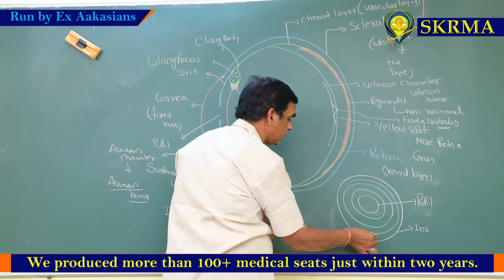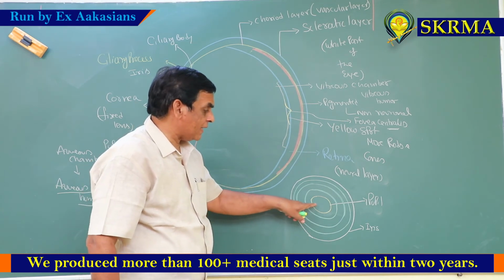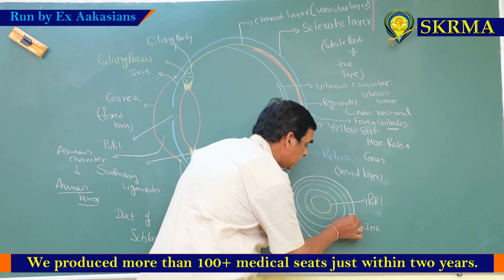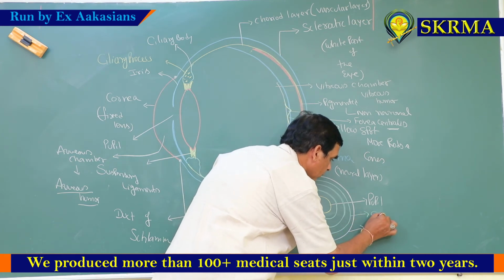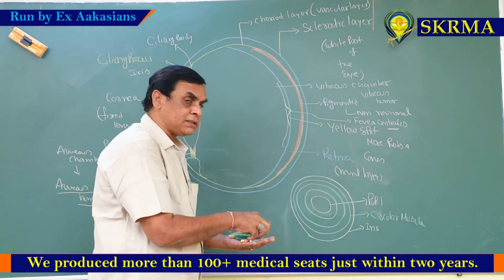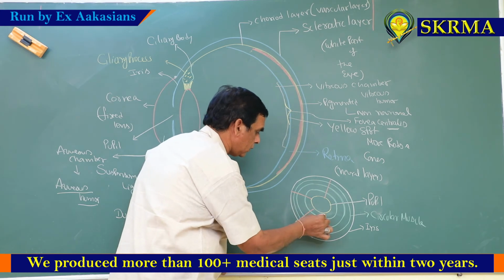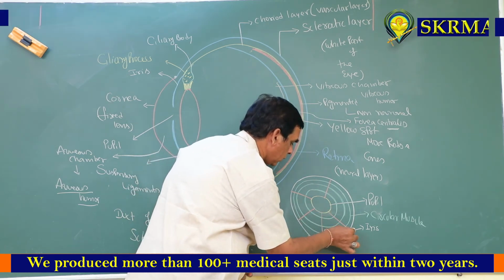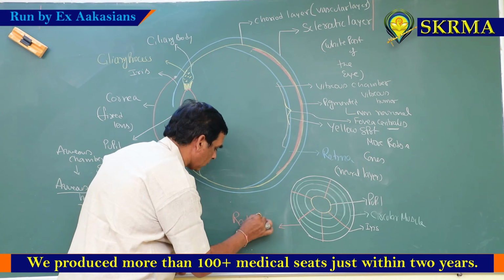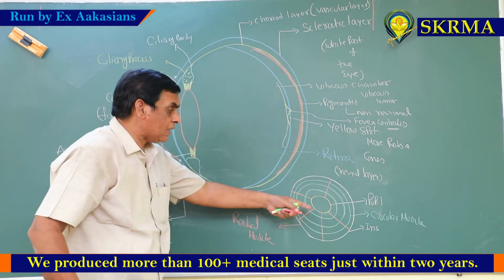This is the iris, provided with a central hole called the pupil, and it has two types of muscles: circular muscles and radial muscles.